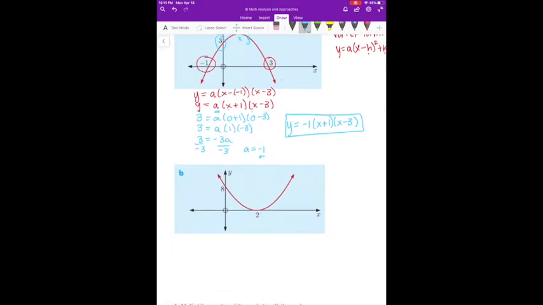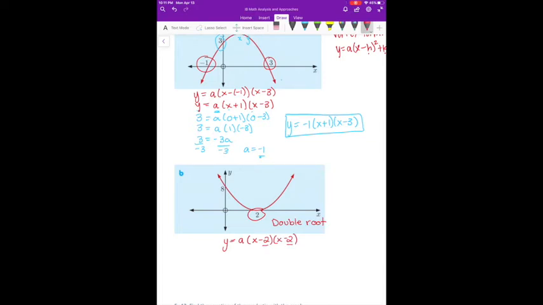All right, part B. This time we are only given one x-intercept. When that happens, it is something called a double root. A double root basically just means that there's two roots in the same exact spot. So how we'd write that in factored form, we have y equals a times x minus 2 times x minus 2.